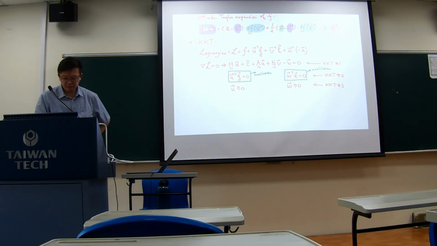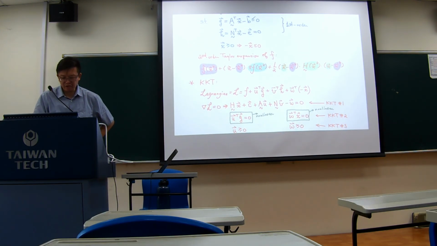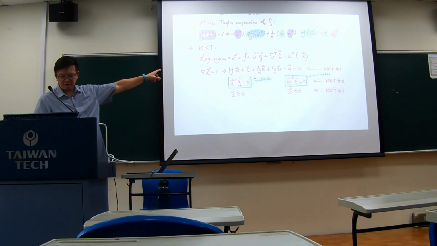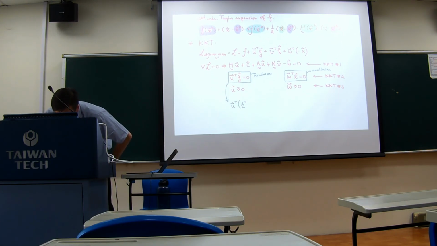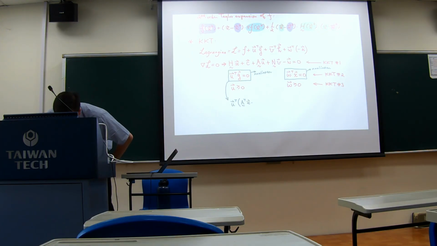We can put Ax minus b back into this equation. It ends up with g equals Ax minus b.